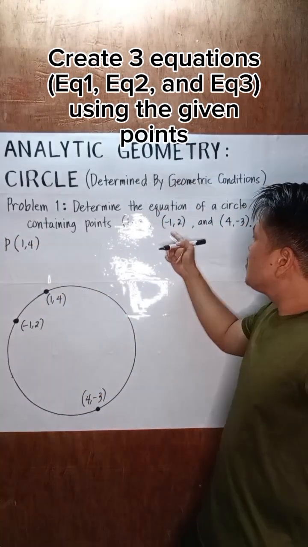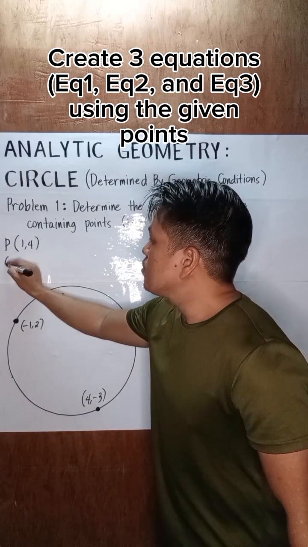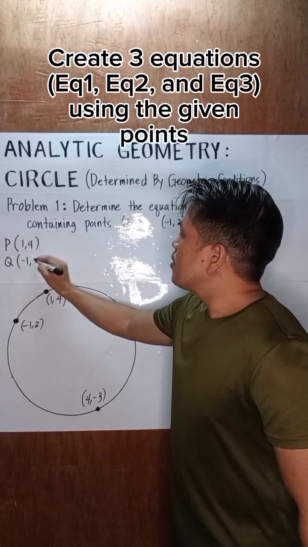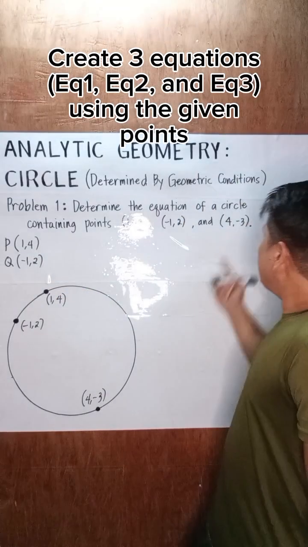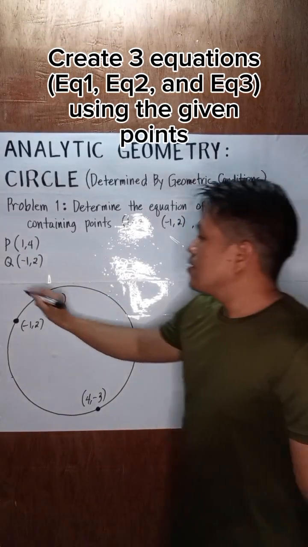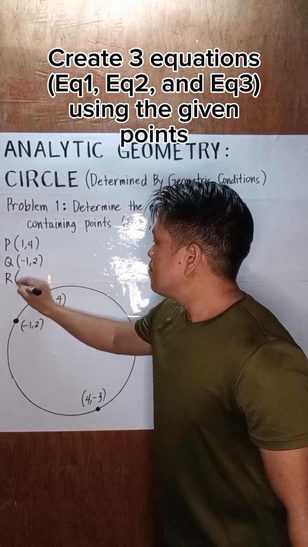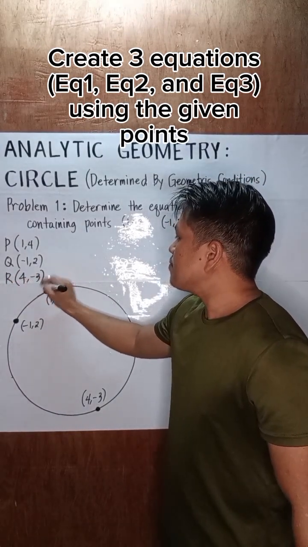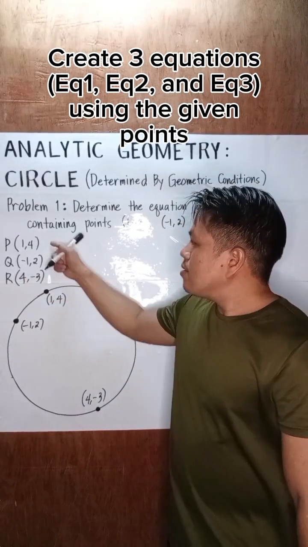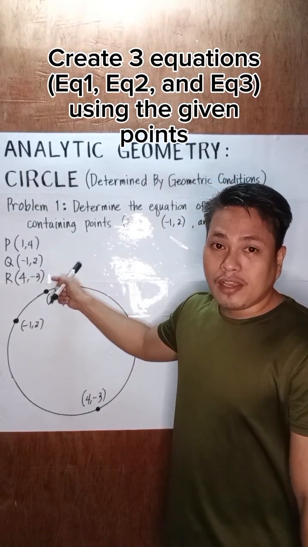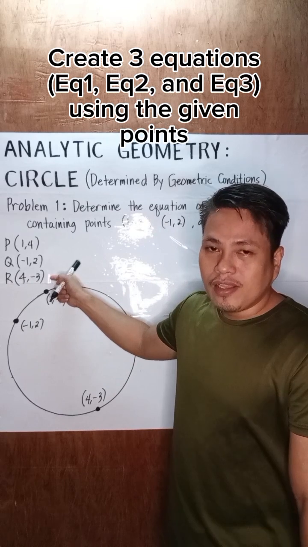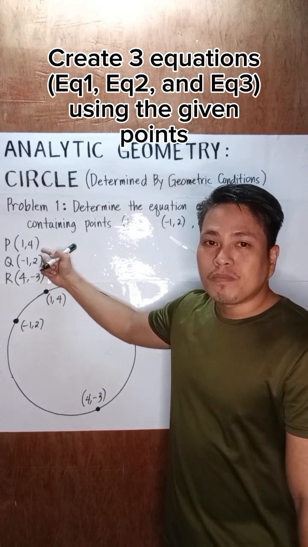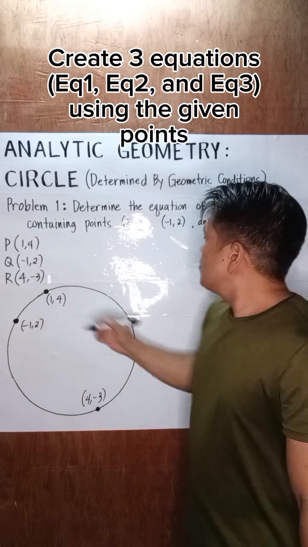And then, yung (-1, 2), gawin natin Q. And then, yung (4, -3) ay gawin natin R. Sa pamamagitan nitong mga points na to, mag-create muna tayo ng tatlong equation na in general form. Unahin natin yung point P.